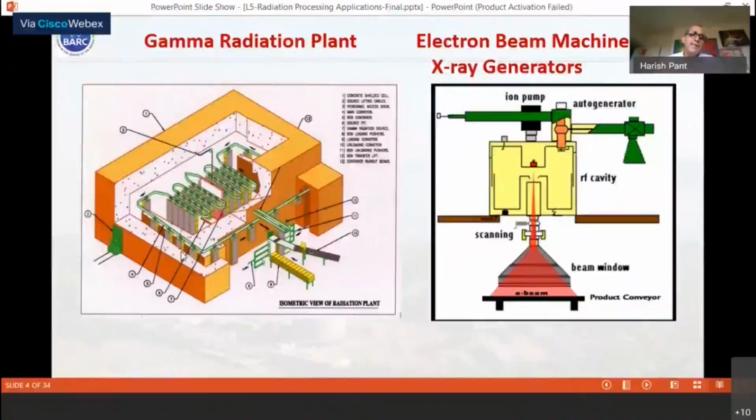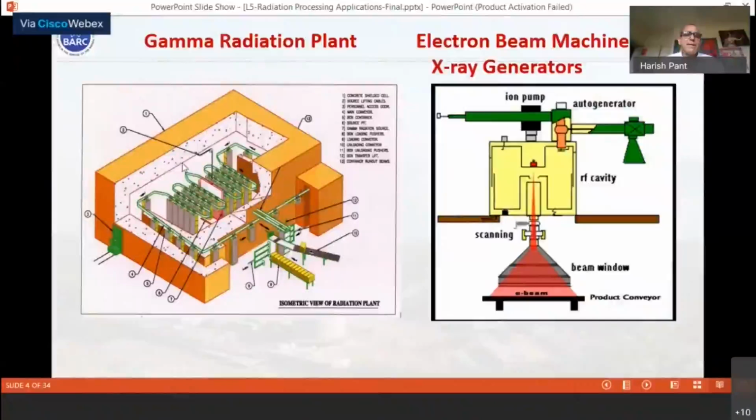Then these material boxes move through and come out. And if they need to be irradiated for more time, you can recirculate them. They can be irradiated not only from one side but from both sides. So this is an internal view of a gamma radiation plant.